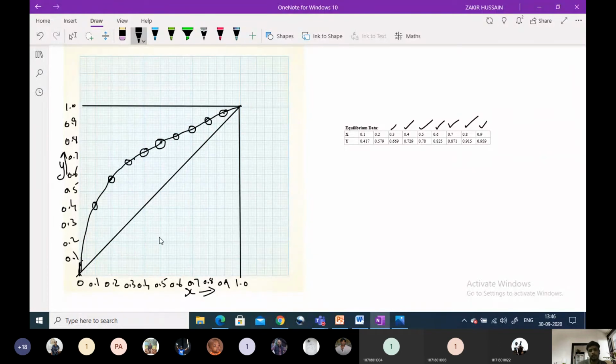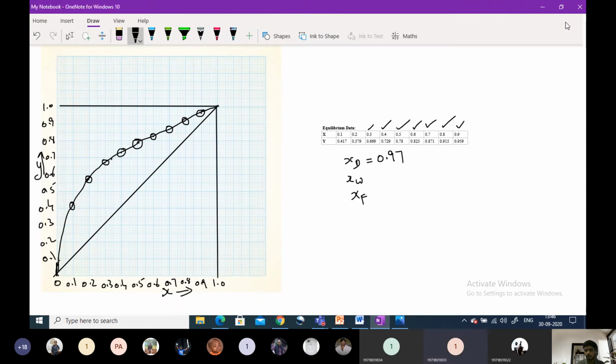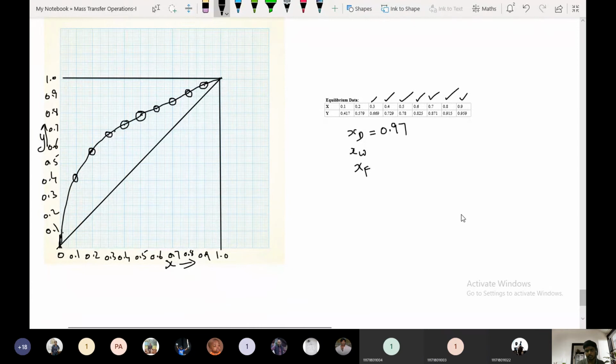After obtaining the equilibrium curve, first we have to identify XD. Our data points are XD, XW and XF. XD is 0.97, XW is 0.02, and XF is 0.4. First you have to locate our point XD at 0.97.